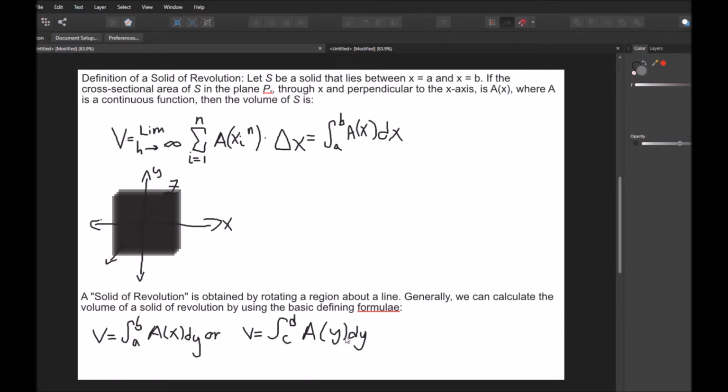Or if you need to take it with respect to the x-axis, you use the left one, the integral of A of x dx. And it's the same thing, you just change your x's to y's. And there are going to be certain problems where it's easier to integrate with respect to the y-axis or the x-axis. So you'll see when we get to the practice problems.